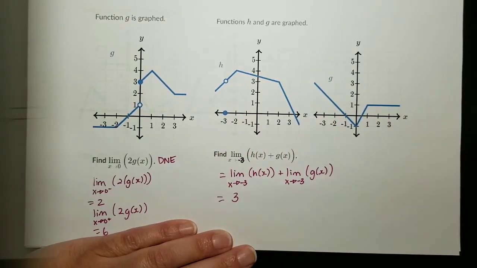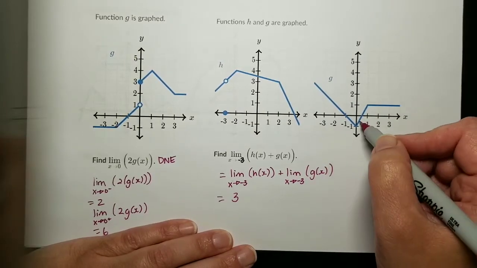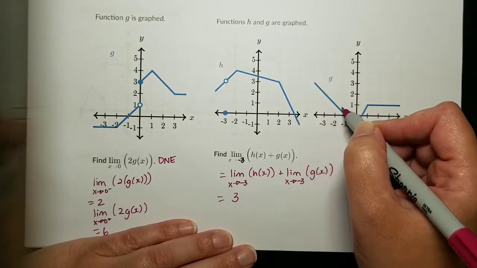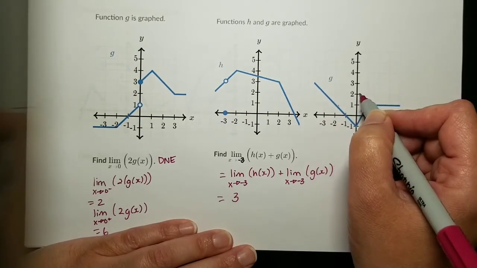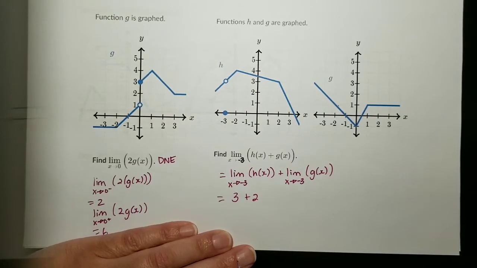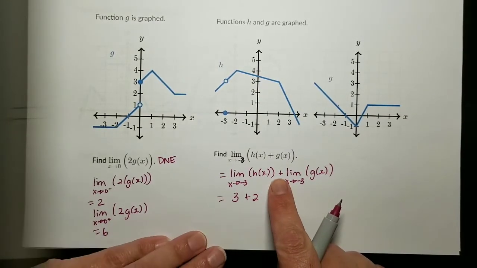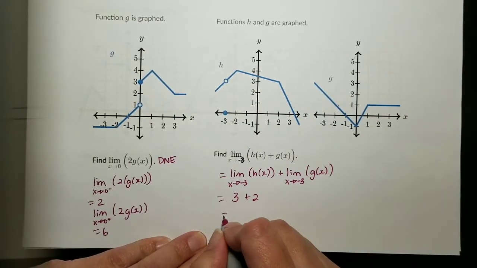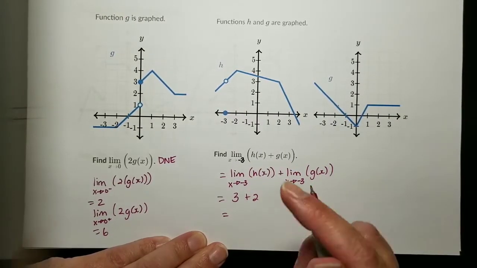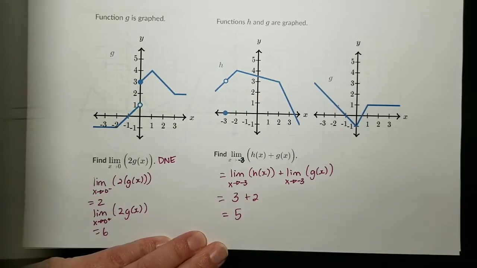So that's equal to 3. Similarly, along the function g, as we get closer and closer to x equals -3, g at x gets closer and closer to 2. So we analyze those individually, and remember our limit properties: if we can find the limit of one and the limit of the other, we can just add those two limits up. So that's a 5.